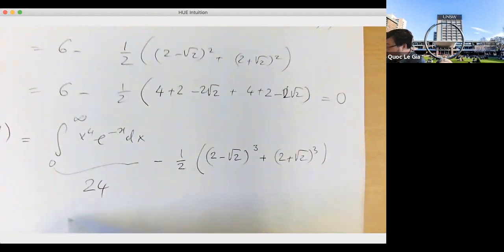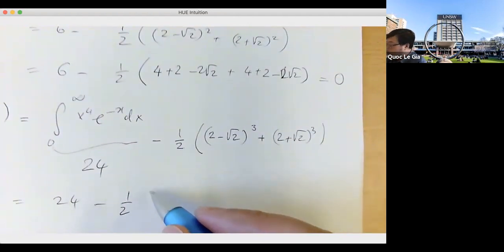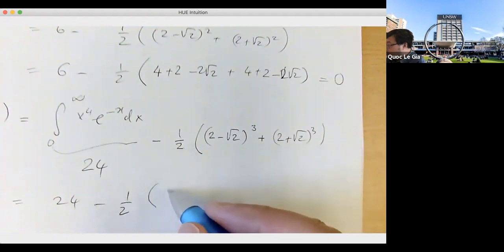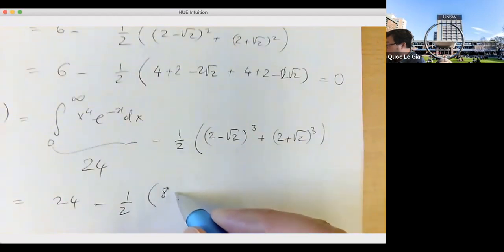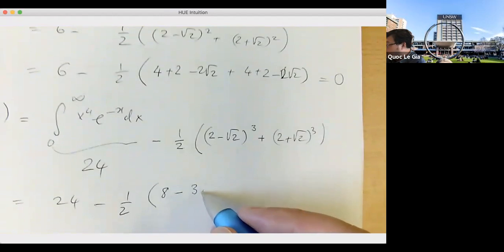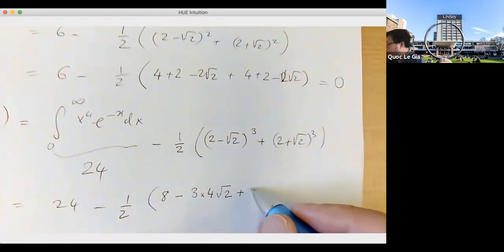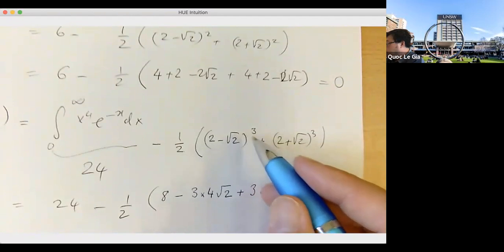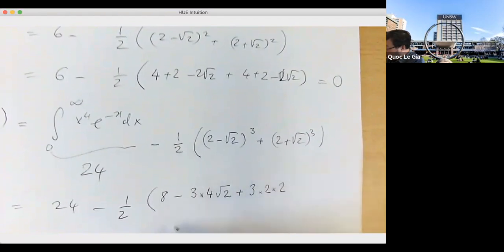So it will be like 24 minus 1/2, and this one is you got 2 cubed is 8, then you got 3 times 2 squared is 4 times 2, and plus 3 times 2, then times 2.